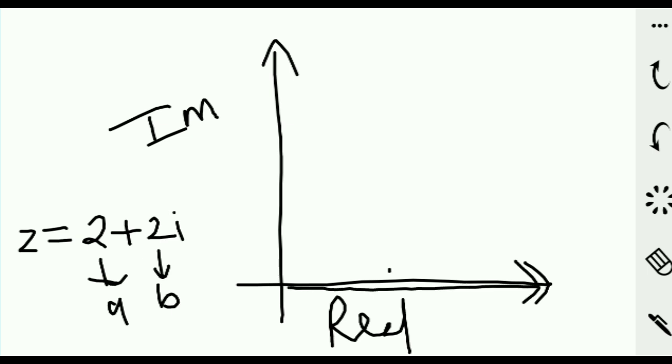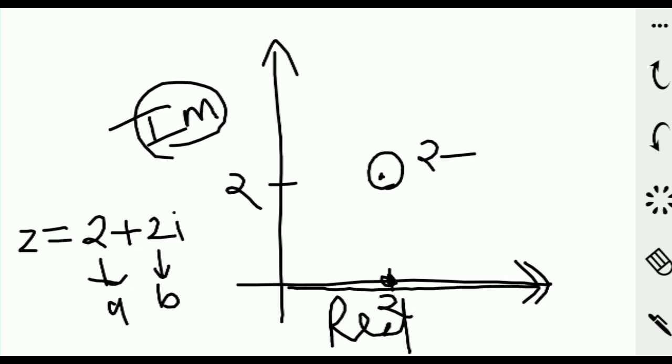For example, the coordinate of 2 is here, so your a is 2. And your b will come on this imaginary axis. So b is also 2. For example, 2 is here. So your complex number z equal to 2 plus 2 iota is coming on this point, and this will be the origin.